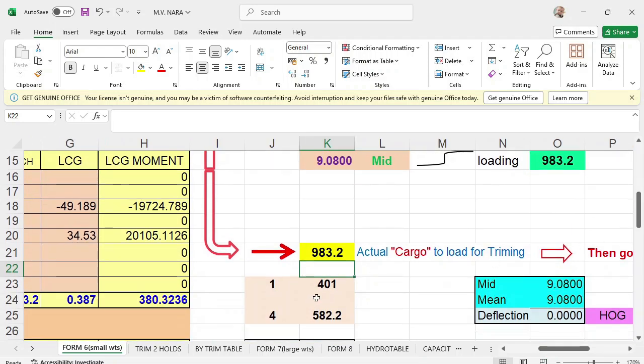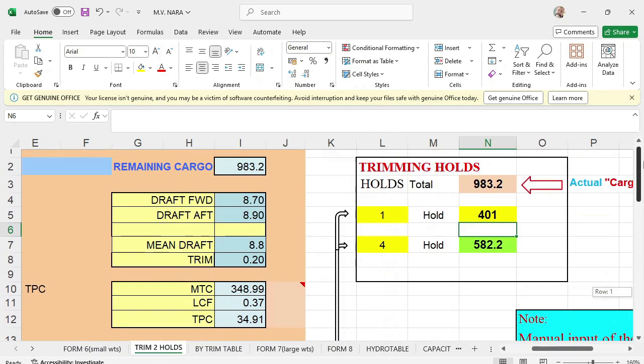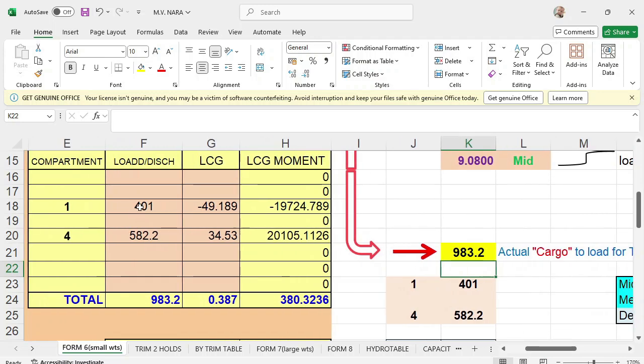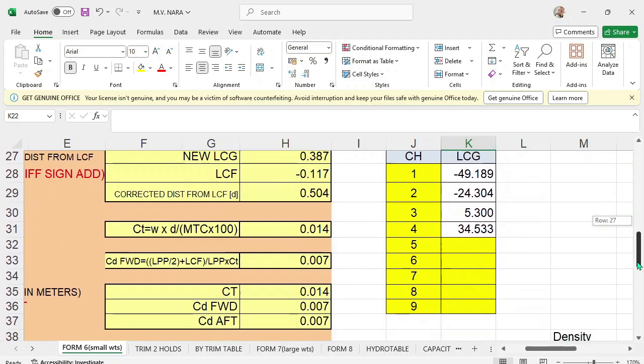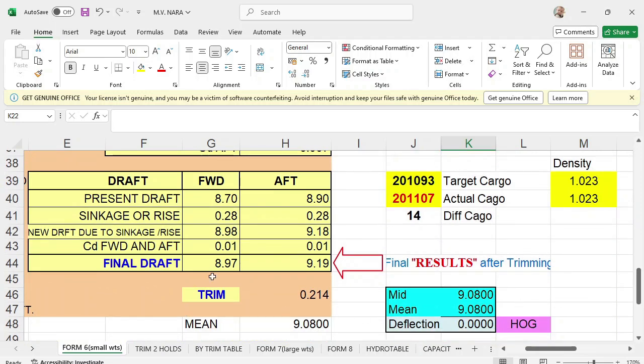According to number 1, you are going to load 401. And number 2 is 252.2. And your departure drop would be forward 8.97, aft is 9.19, trim is 21, and your mean is 9.08.